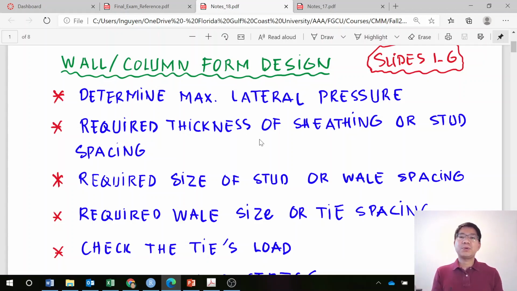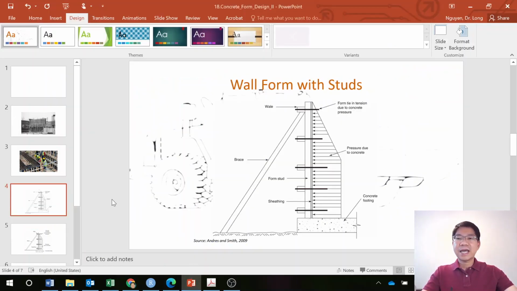So for example, after design, we determine that it's 2 by 4 inch of cross section, or we can determine the wale spacings. And then similarly, instead of determining the wale size, we can determine the tie spacing and check for the tie load. And to get into that, what is the stud, what is the wale, what is the tie, I'm going to show a few slides next.